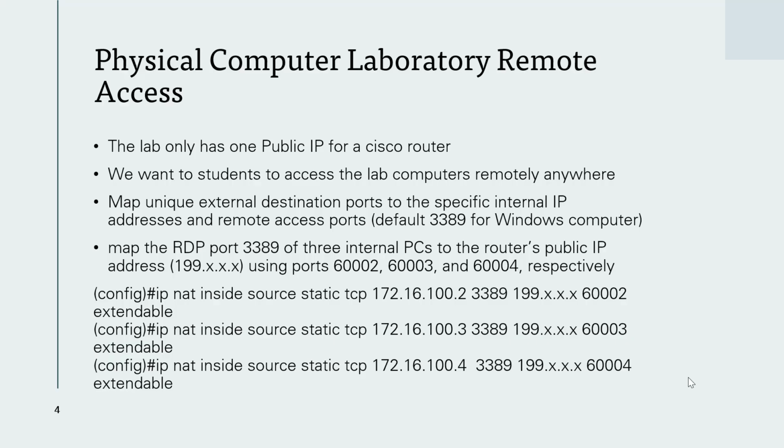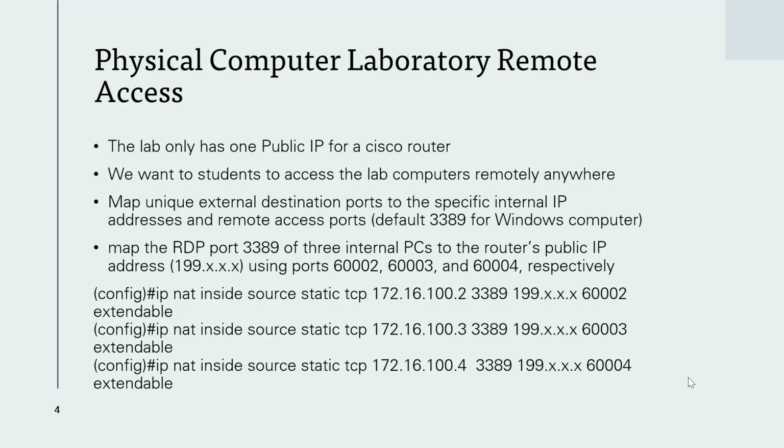So here we're using a Cisco router to do the configuration, and we will map the internal IP to the external public port number, and students can use Windows Remote Access Protocol to log into the computer remotely from anywhere.